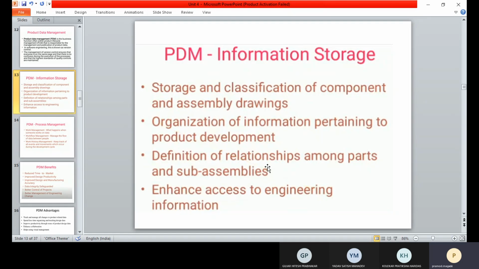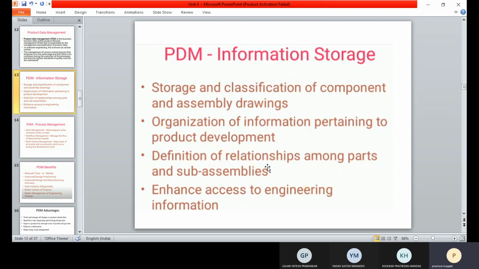Their storage will be there so that we can get an idea that after 2 months we require these things, and for the next project we don't have these things. Such information stages are required for PDM, which we call the basic stage.